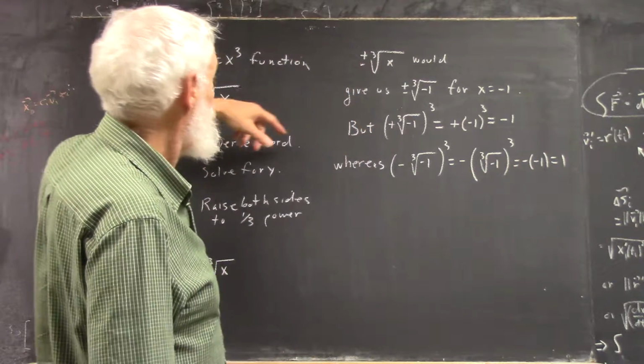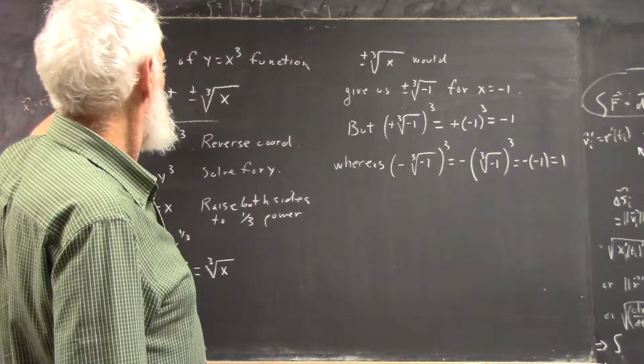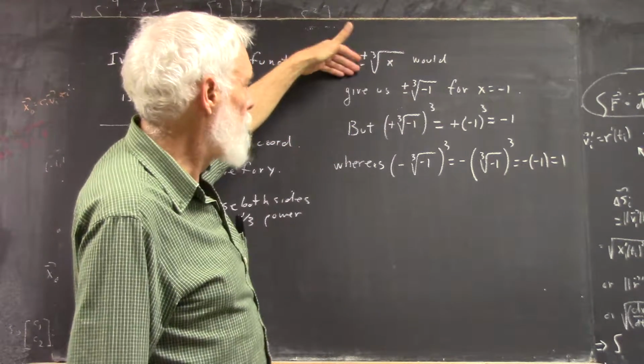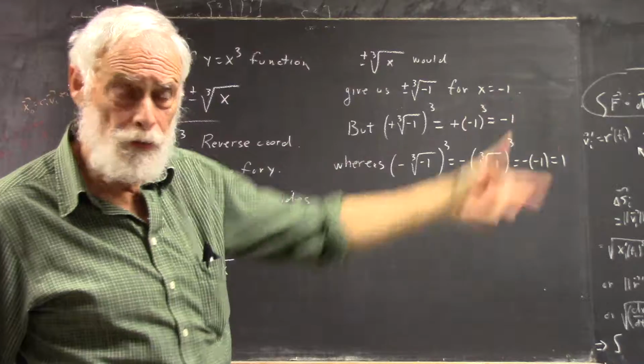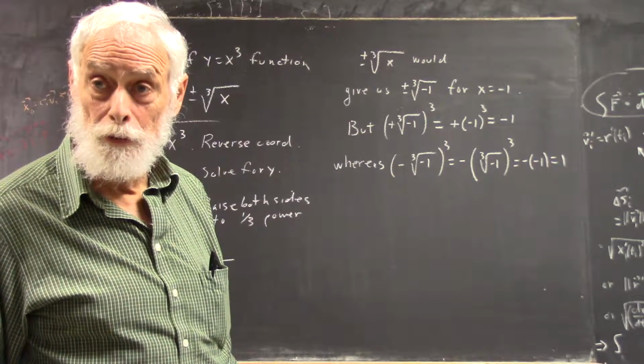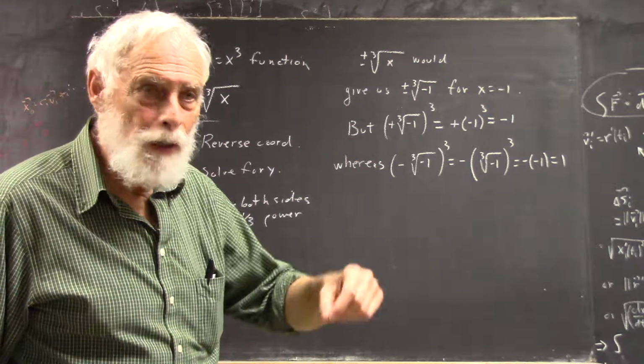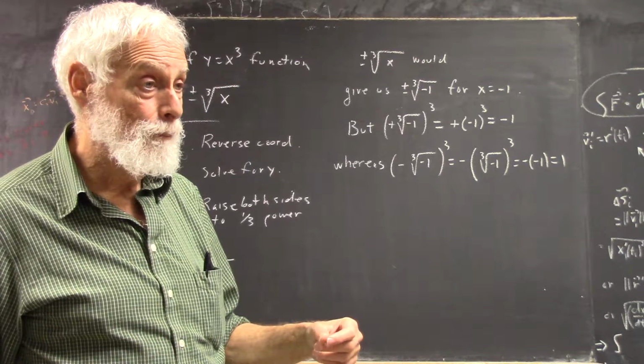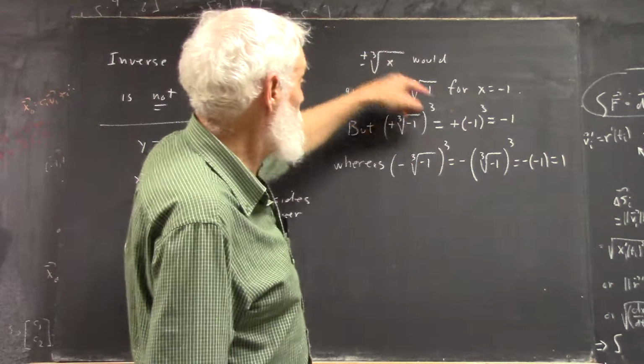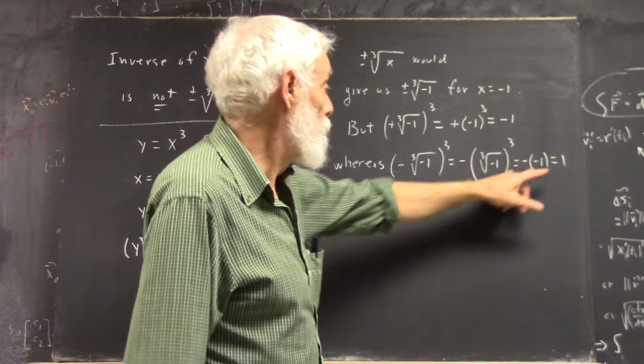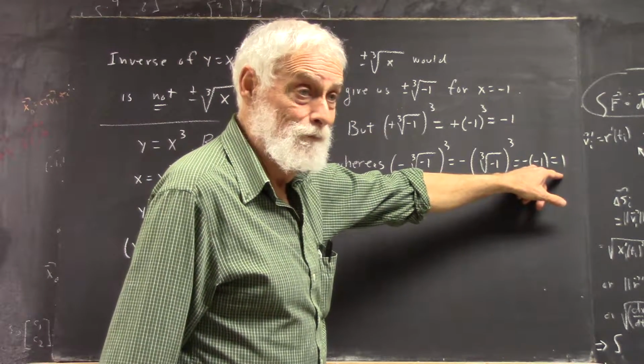So if the inverse function was plus or minus the cube root, or if the inverse relation was plus or minus the cube root, and you tried to apply it to -1, you get one answer from the plus, and you get another answer from the minus. Okay?